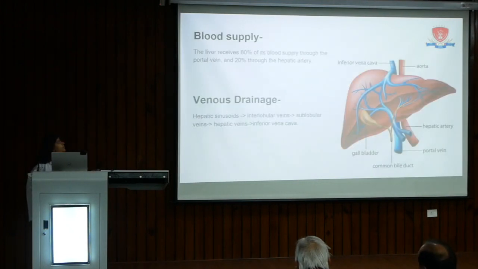Blood supply. The liver receives 80% of its blood supply through the portal vein and 20% through the hepatic artery. Venous drainage. Hepatic sinusoids join to form interlobular veins, which further drain into sublobular veins, and they further drain into hepatic veins and finally into the inferior vena cava.